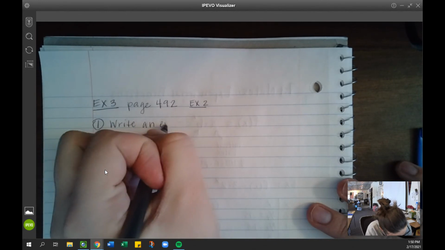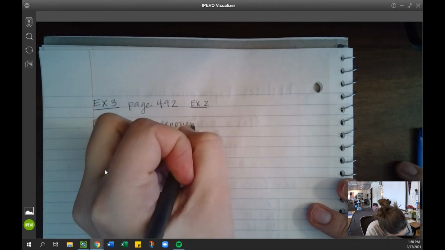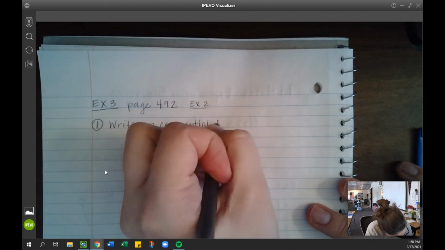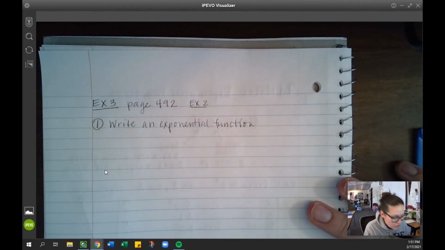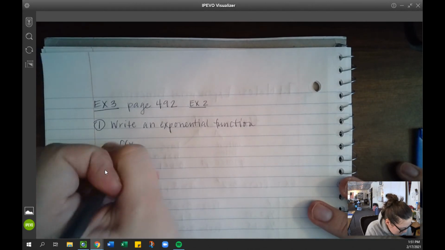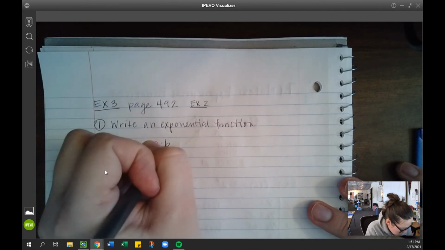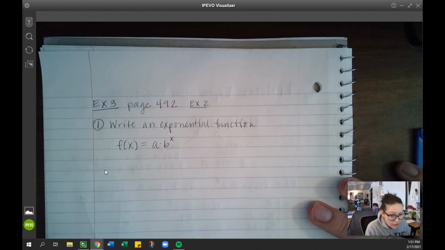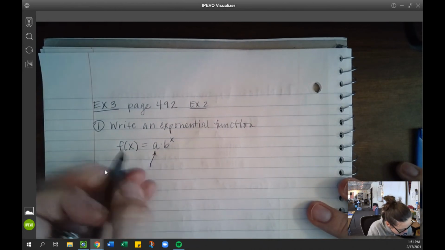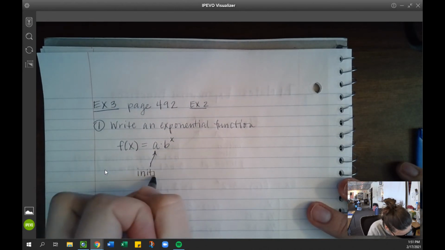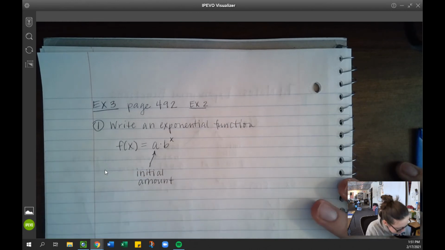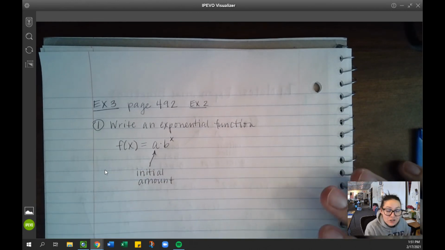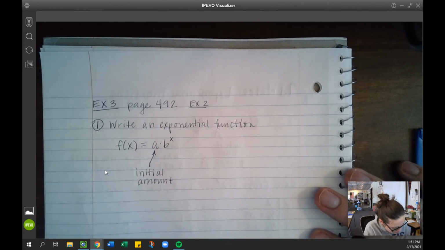All right, so step 1, we need to write an exponential function. So f of x equals a times b to the x. Now, a is always our initial amount, so in this case, the initial value of the guitar.